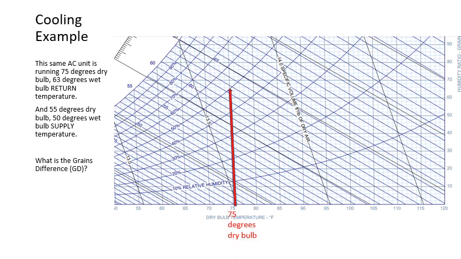Here's our 75-degree dry bulb return. Here's our 63-degree wet bulb. So here's our return operating point. When we carry that operating point all the way across to the right, we get to our grains of moisture of our return, which is 65 grains.